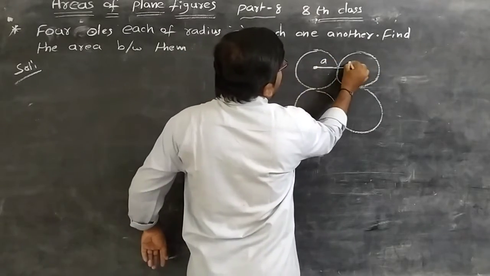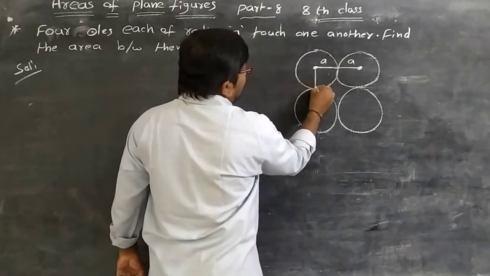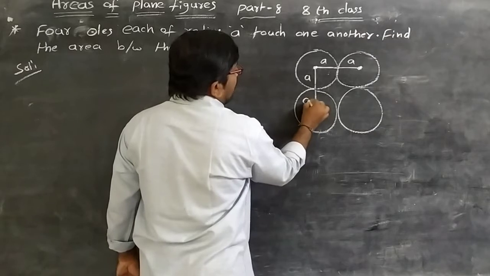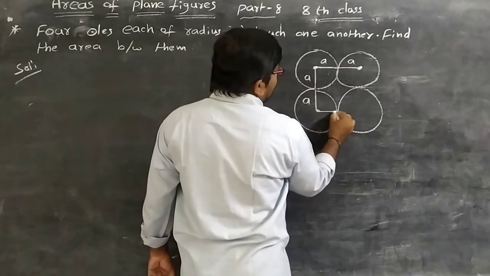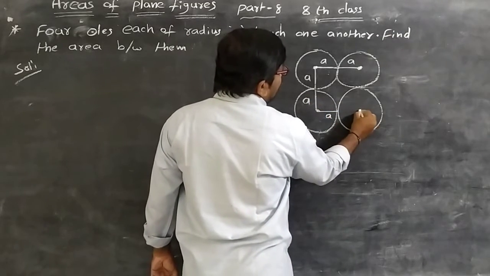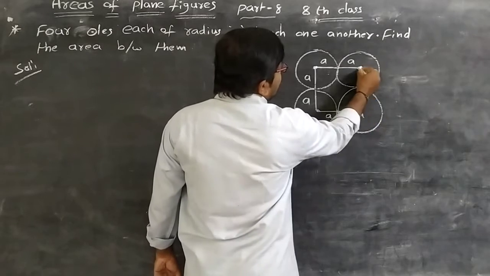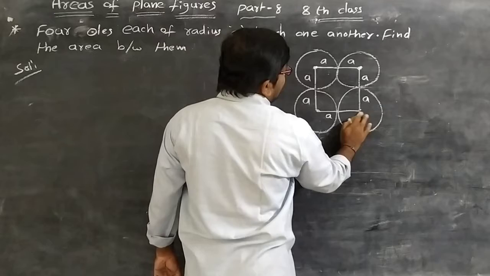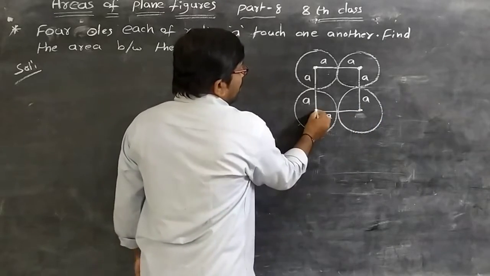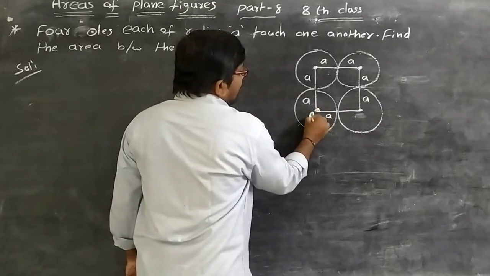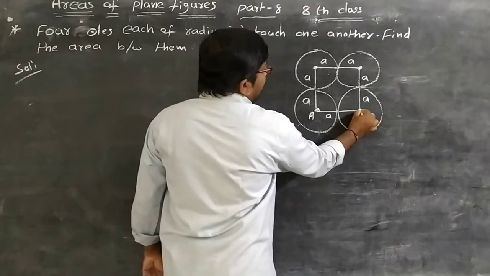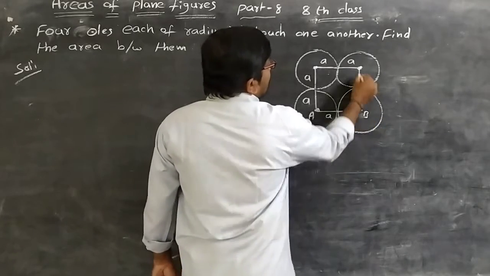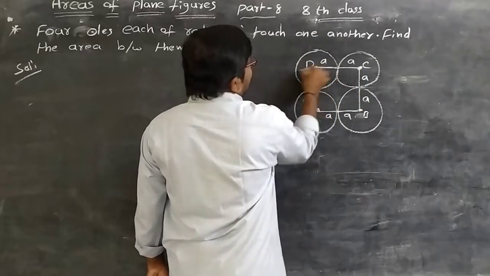It is a units, it is also a units, a units, a units. And capital A is the center of this circle, B is the center of this circle, and it is also radius a units. And it is C, it is D. Right?